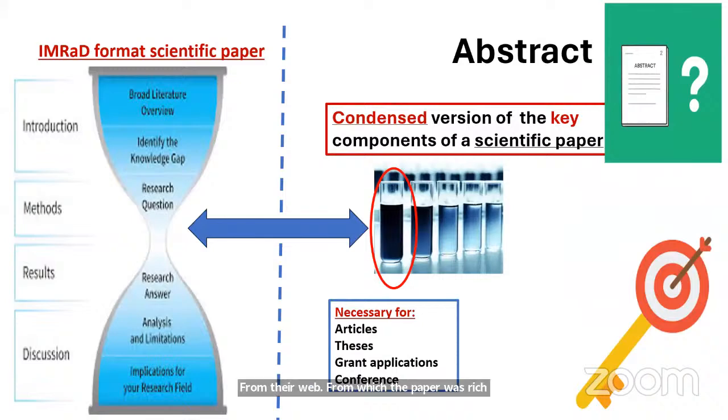I think also we are all familiar with the broad structure of the IMRAD format of a scientific paper, that the introduction usually sets the broad frame for the paper, identifying the gaps and the research questions, which the methods will then be designed to address.